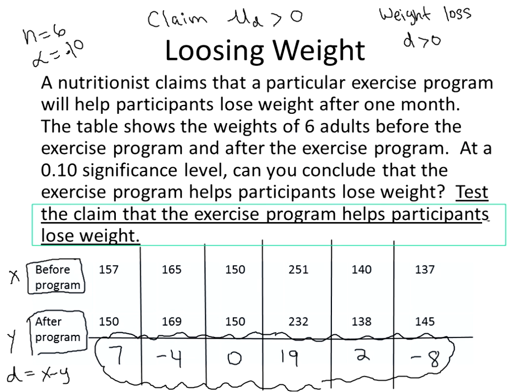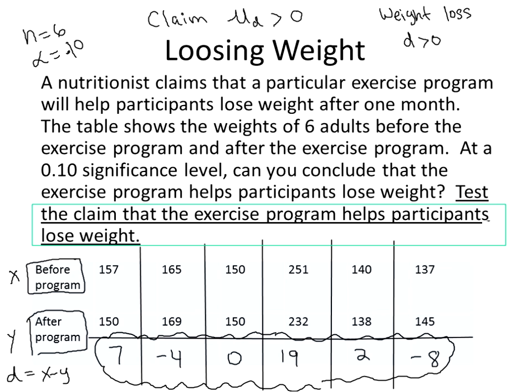And again, that was for the problem that you can see on your screen now, where we were focusing on the differences. You have your before and your after data, and so we focus on the difference to see if this particular program is helping participants lose weight. So you can't just base it on what you see in your sample.